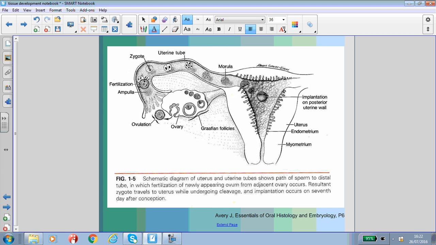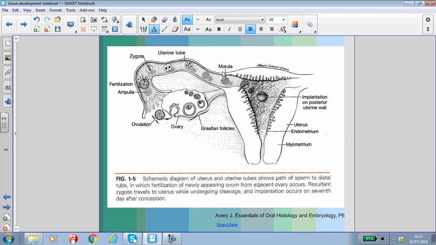As the zygote travels along the fallopian tube towards the womb, a process of cleavage happens. Cleavage is when the zygote rapidly divides to produce multiple cells, and you can see that from this image here. It's divided to 1, to 4, to 8, and so on.